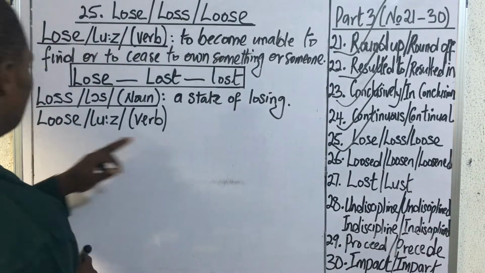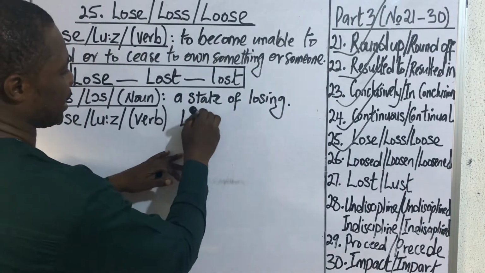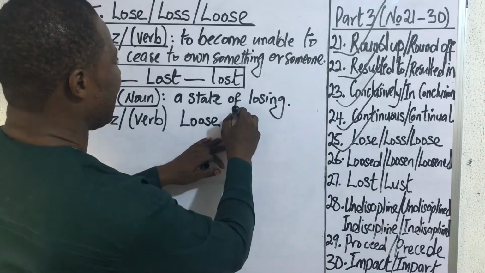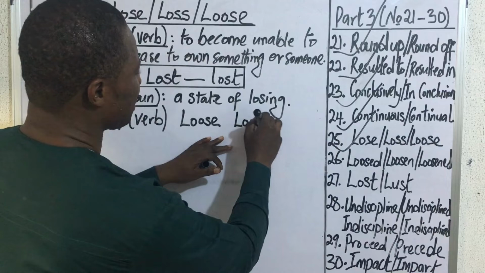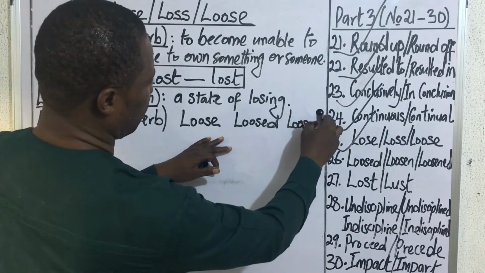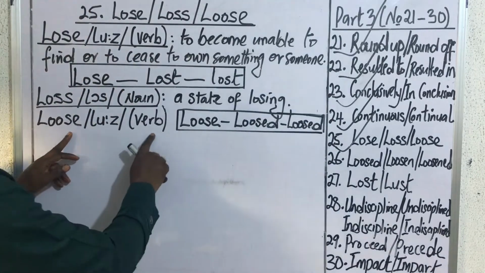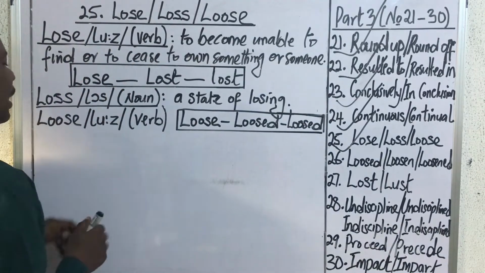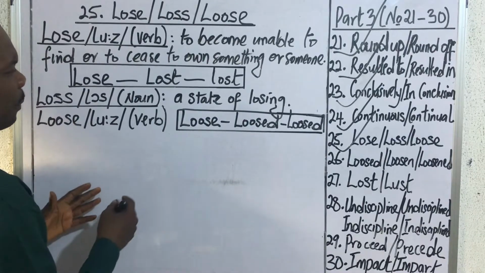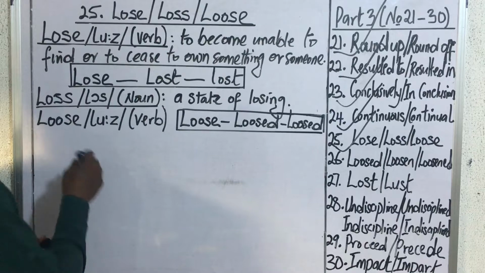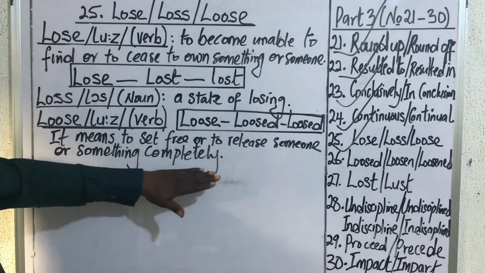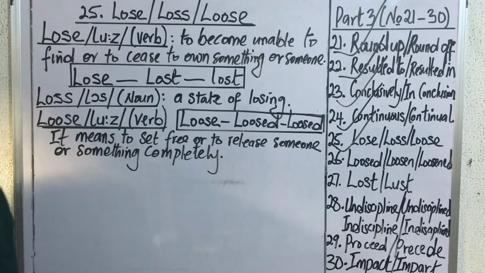And then, in that case, we're going to have its present tense as loose. And then, the past tense is loosed. And the past participle is loosed. So what does it mean when it is used as a verb? It means to set free or to release someone or something completely. So that is the meaning of loose when used as a verb.